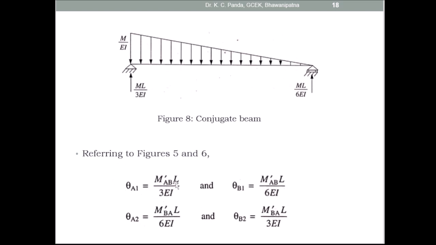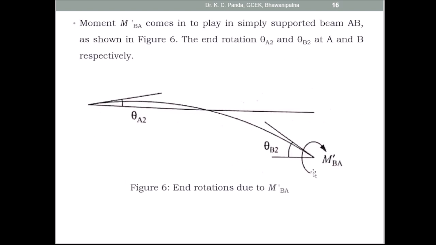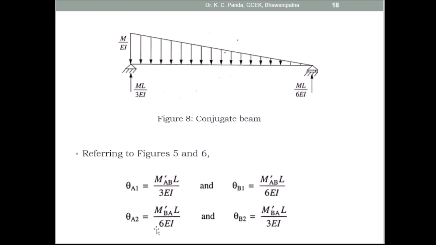Theta A1 is equal to M dash AB L by 3EI, and theta B1 is equal to M dash AB L by 6EI. Similarly, when the moment M dash BA is acting at B, due to this moment, this is the rotation at A, and this is the rotation at B. So rotation at A, theta A2, is equal to M dash BA L by 6EI, and rotation at B, theta B2, is equal to M dash BA L by 3EI. So this is the rotation due to the moment which is acting at A and which is acting at B.